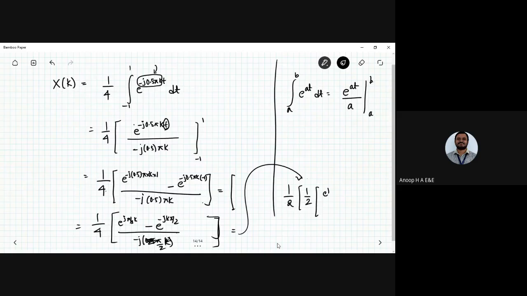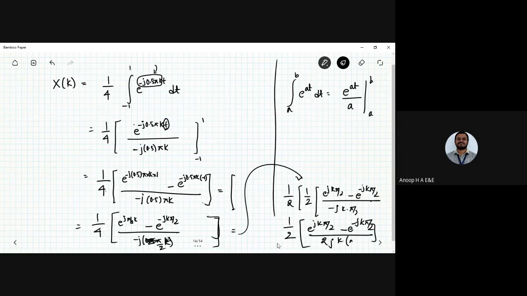So that is e power j k pi by 2 minus e power minus j k pi by 2, divided by minus j k pi by 2, multiplied by 2 again. So this forms 1 by 2 into e power j k pi by 2 minus e power minus j k pi by 2 divided by 2j into k into pi by 2.